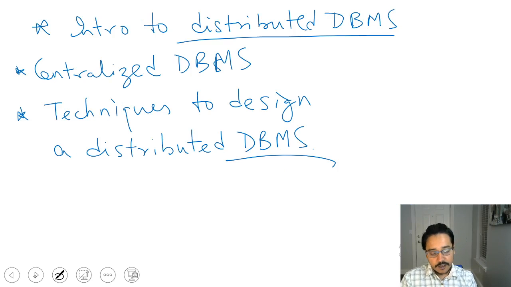And then finally, we are going to be wrapping up this course by having a brief discussion on how to design distributed database management systems.